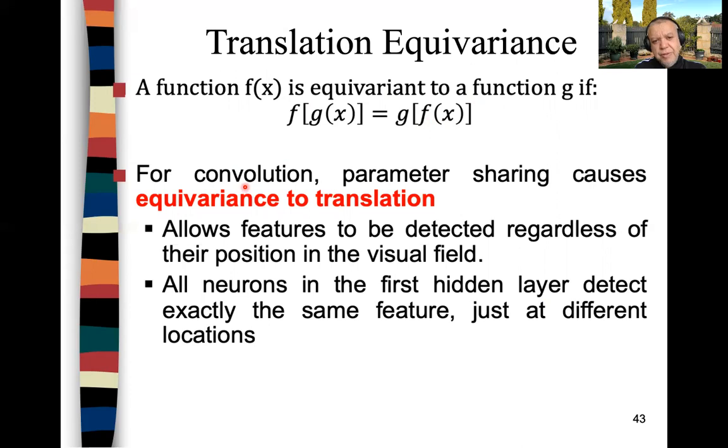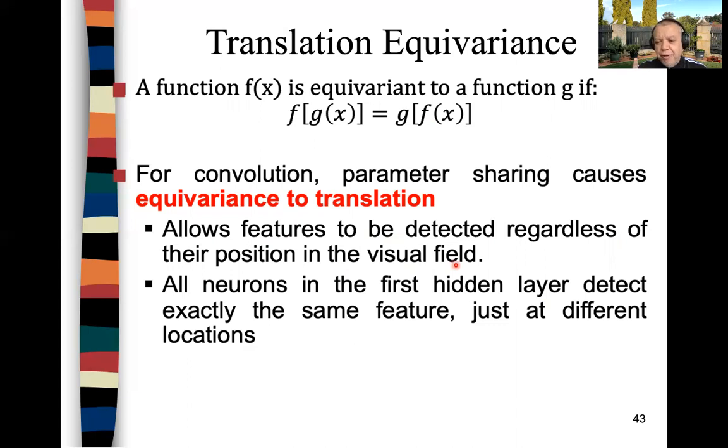For our case, for the convolution, this parameter sharing causes equivariance to translation. So convolution is equivariant to translation. It allows the features to be detected regardless of their position in the visual field.